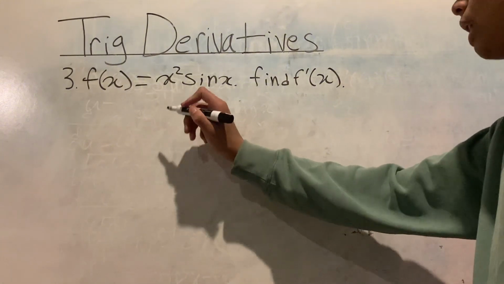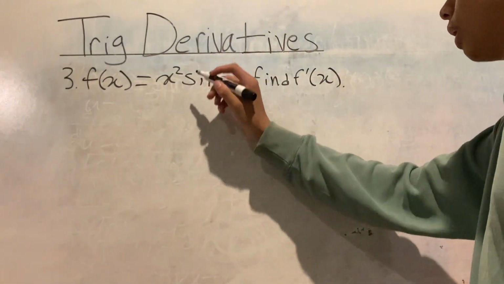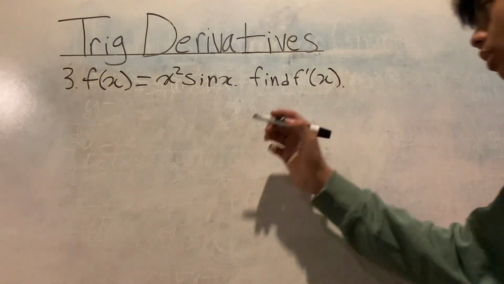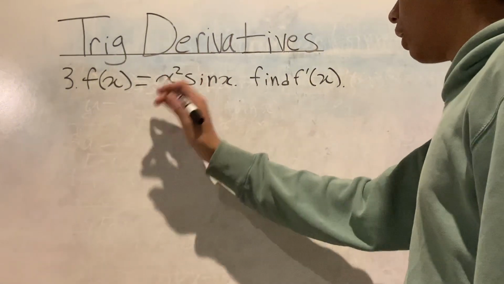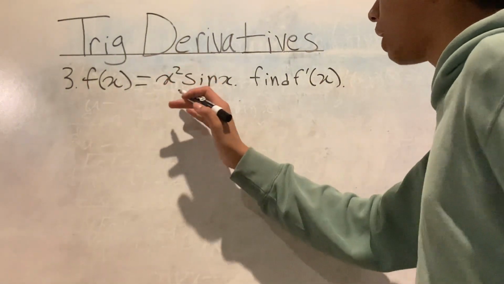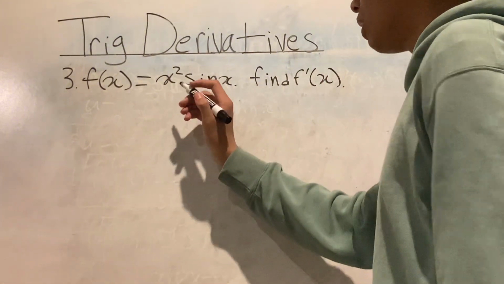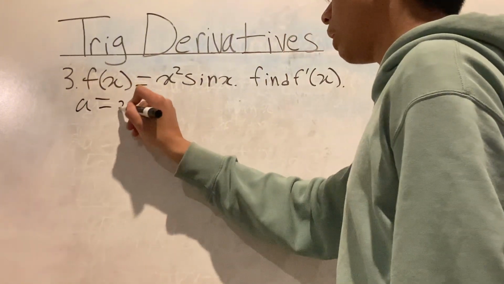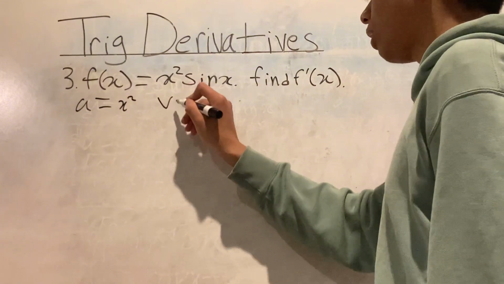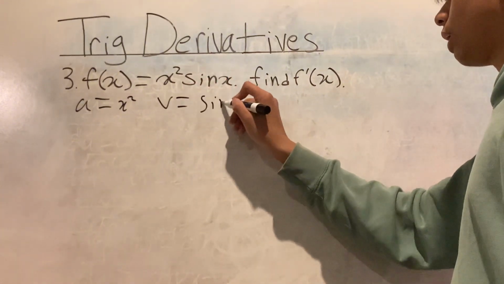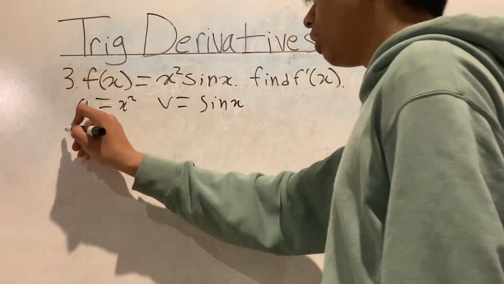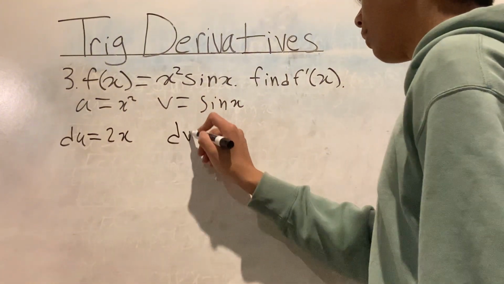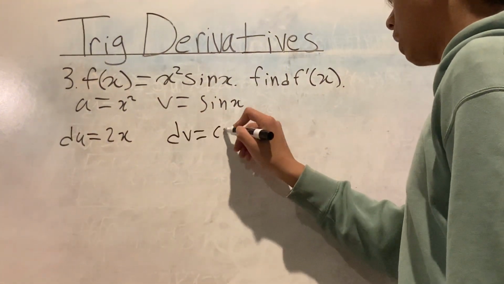Okay, so number 3, we have f of x equals x squared sine x. And we have to find f prime of x. So here we have another product rule, because it's x squared times sine x. So now let's use the product rule. So let's just say u equals x squared and v equals sine x. And now du is just 2x, dv is just cosine x.